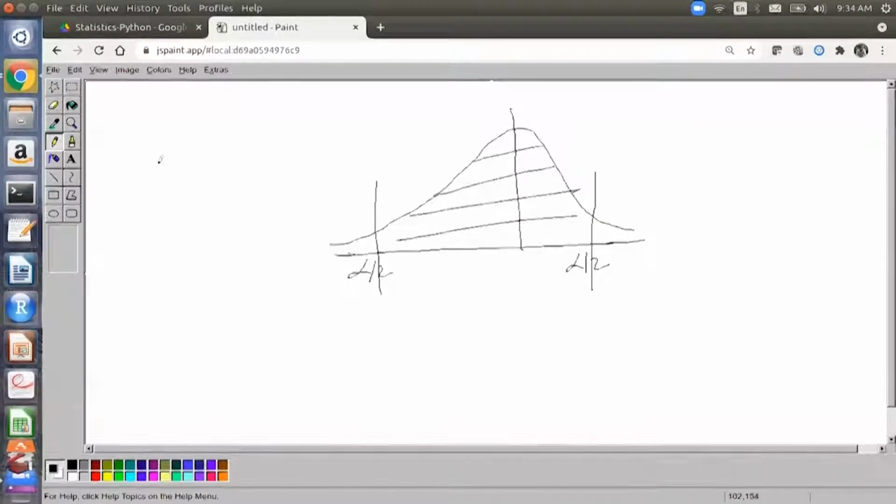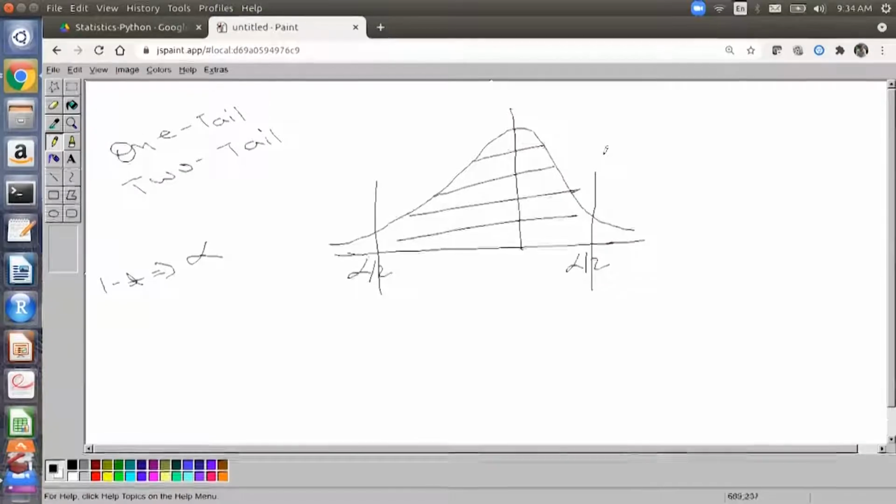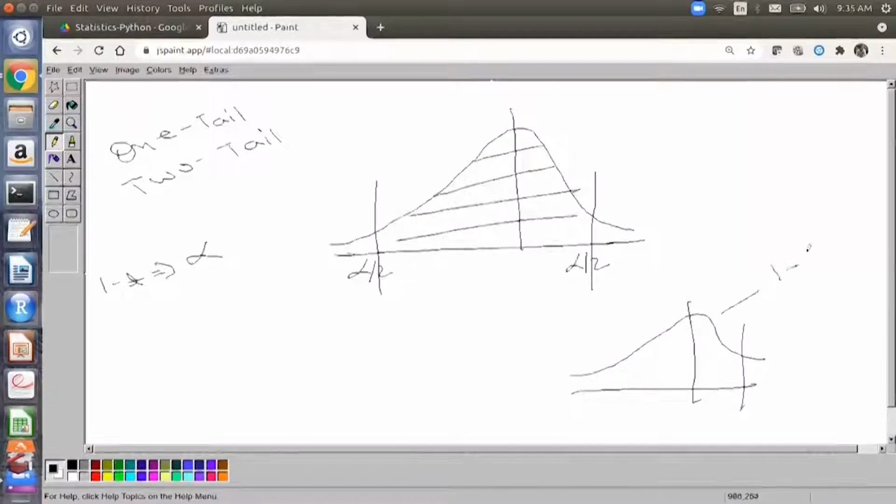Now there is something called a one tail test and a two tail test. Whenever you are doing a one tail test, your alpha will be marked on only one side, which I showed you in the previous diagram. This is a one tail test.